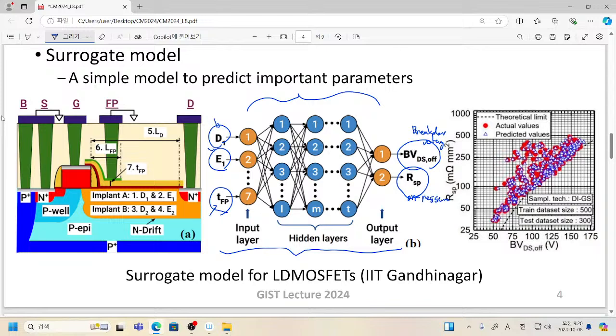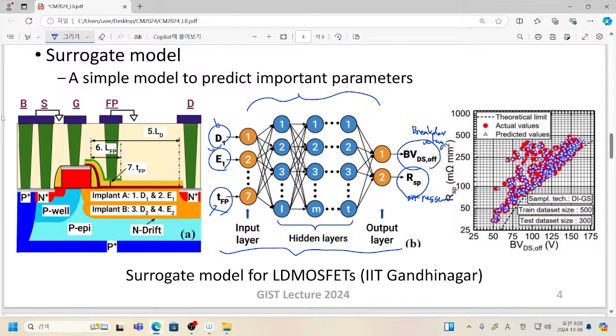If you are interested in the simulation of a power device, you will find that these two parameters are the most important figures of merit. So by using these two numbers, you want to maximize the breakdown voltage of your device and try to reduce the on resistance of your device.